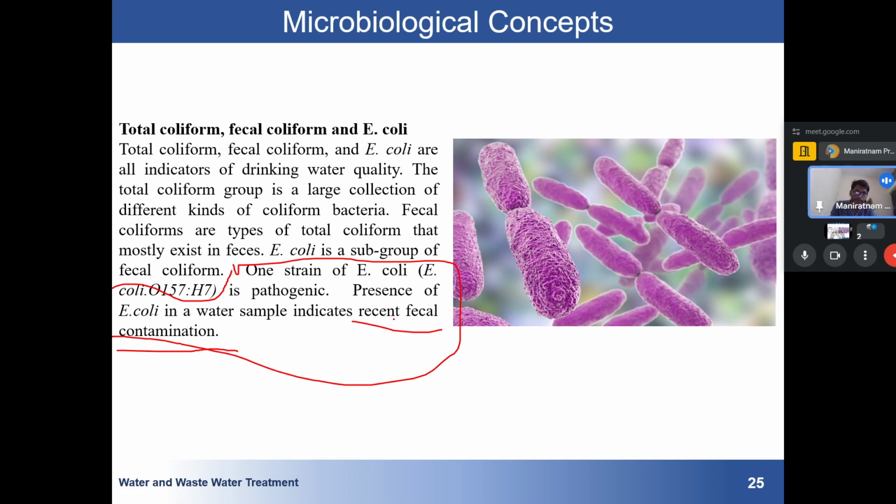So if E. coli is not present, the fecal contamination is from the past, it happened long ago. But if E. coli is present, the fecal contamination happened recently. I suggest you check this, though I might be wrong.